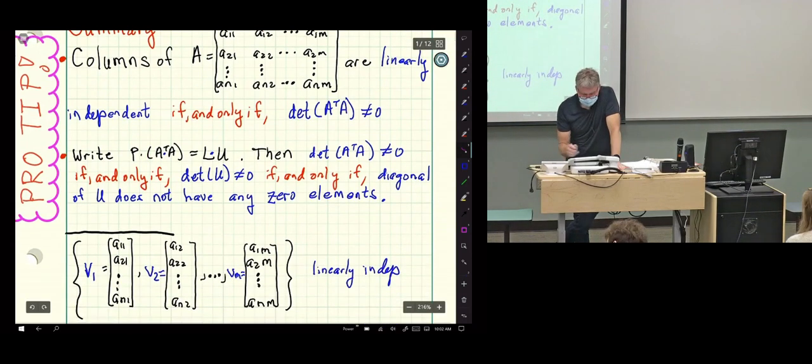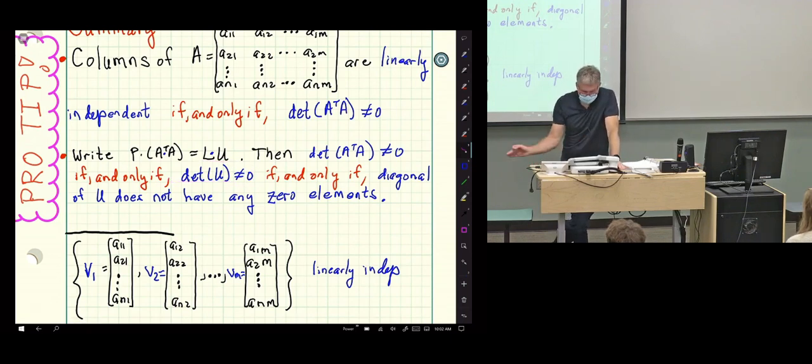Because the determinant of P is never zero, the determinant of the product is non-zero if and only if the determinant of the product of these terms is non-zero. But the determinant of L is always 1, so it becomes if and only if the determinant of U is non-zero. And that's a much easier thing to check.